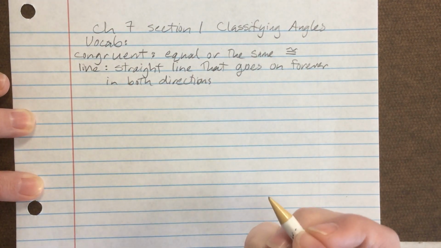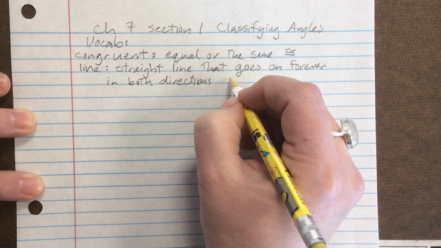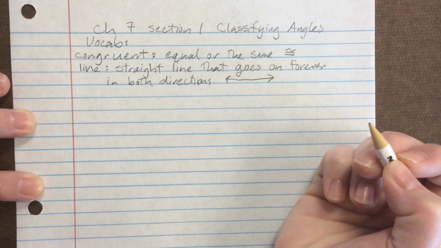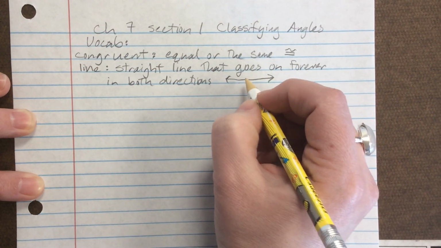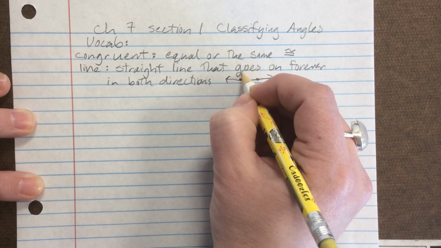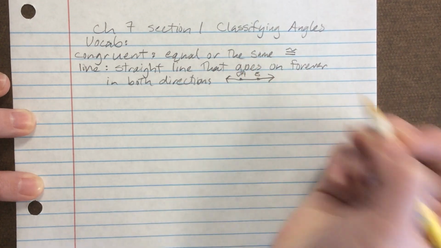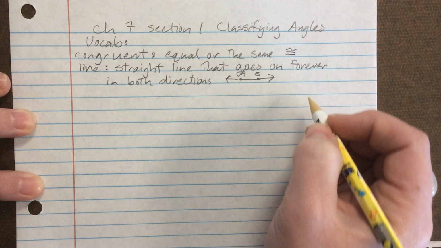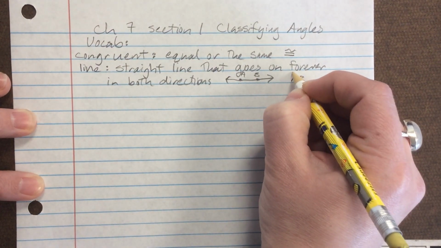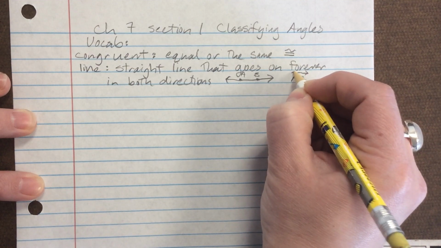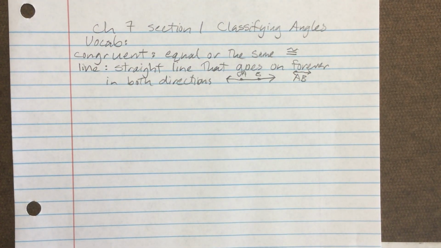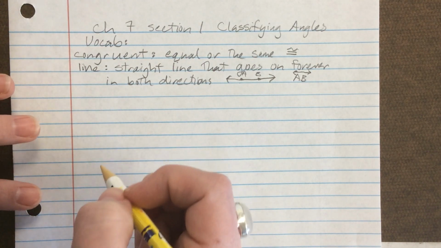Okay. And what that looks like is you'll see it with arrows on both sides. That means it's going on for infinity in both directions. And then sometimes they'll give you some points and they'll name those points. And so when we're writing this in problems, you would write this A, B, with a little line with arrows on it, which means it's a full line that goes on forever in both directions. And that's what it looks like.